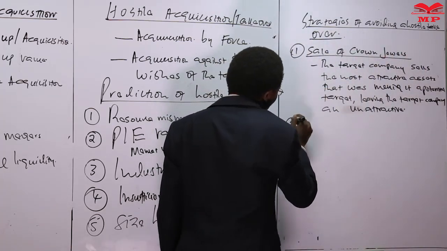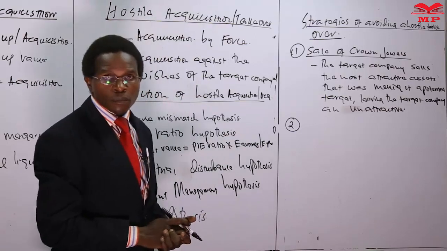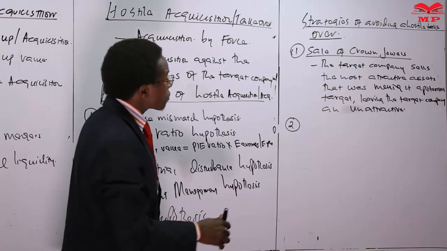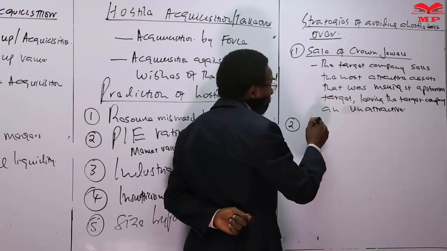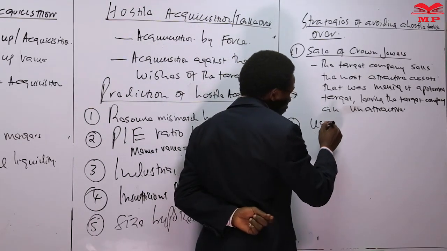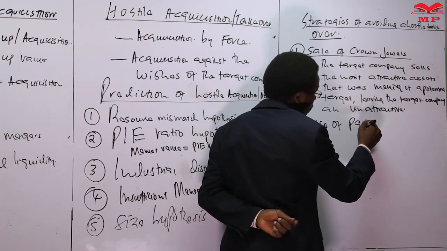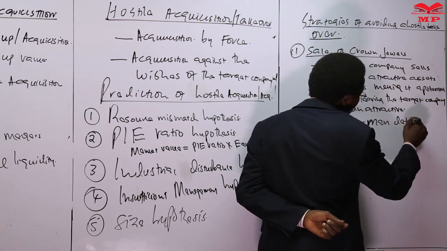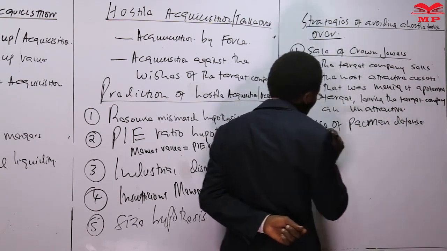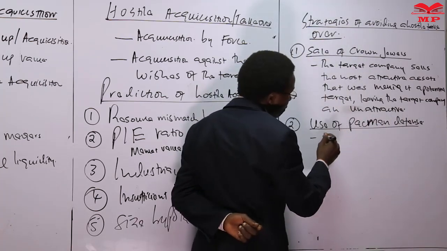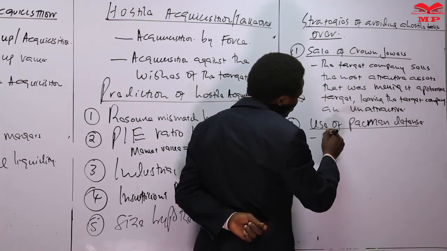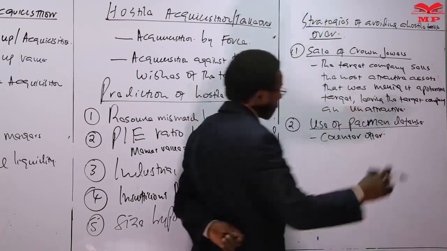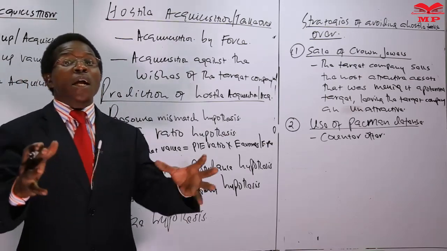Number 2 is use of the Pacman defense. This is simply a counter offer, where the target company will give a counter offer.